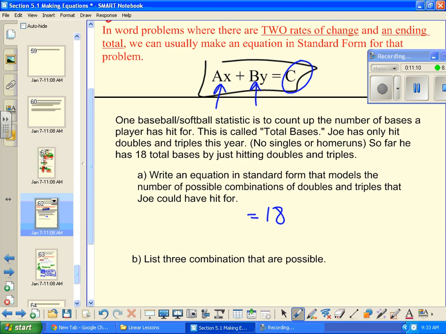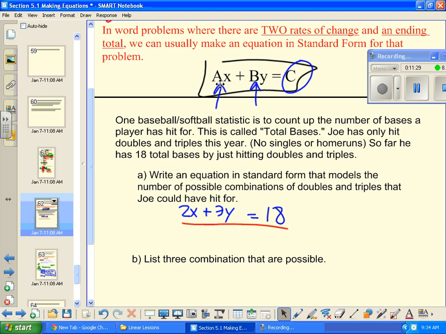A double is worth 2 bases, so in this case it's 2x, and x stands for however many doubles we've hit so far. And then a triple is 3 bases, so that's 3y. So here's a standard form equation that models this word problem nicely.